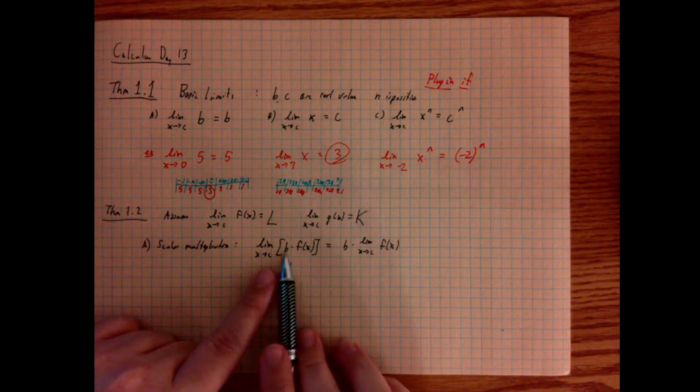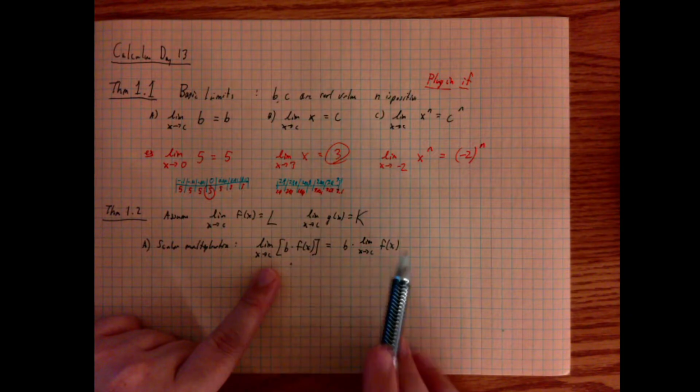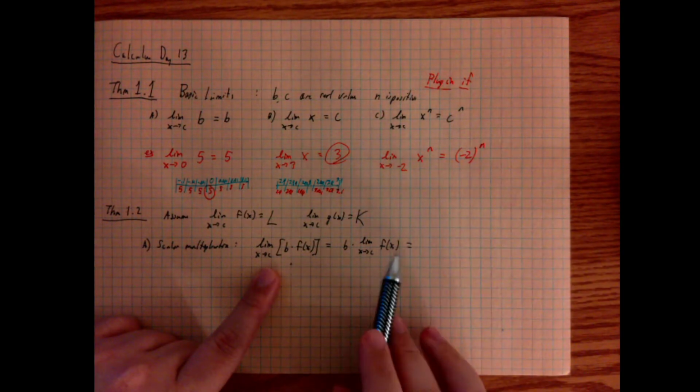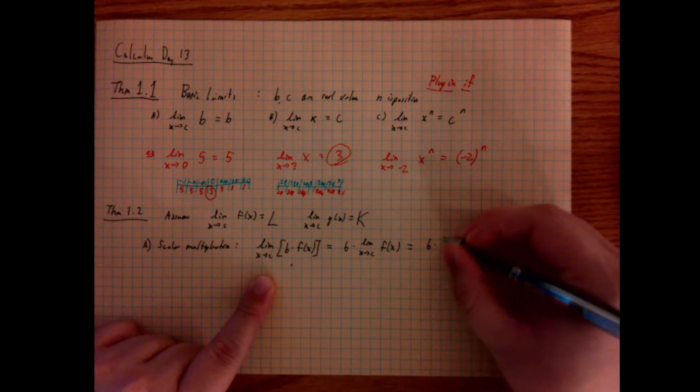Meaning that b, as a number being multiplied to a function, you can do the limit of the function instead. Now, because we know this limit from the given, this means we end up with b times L.